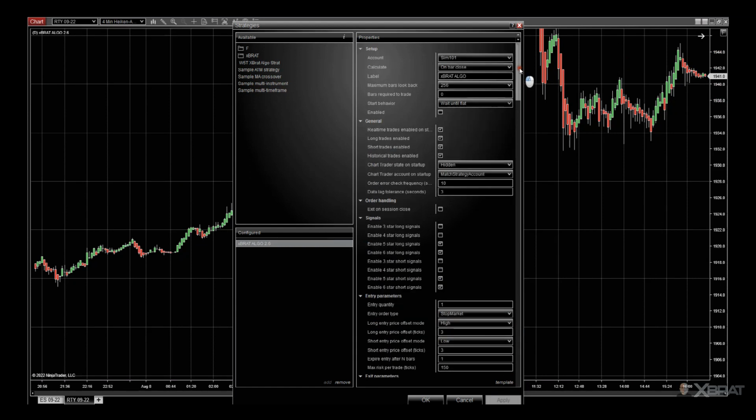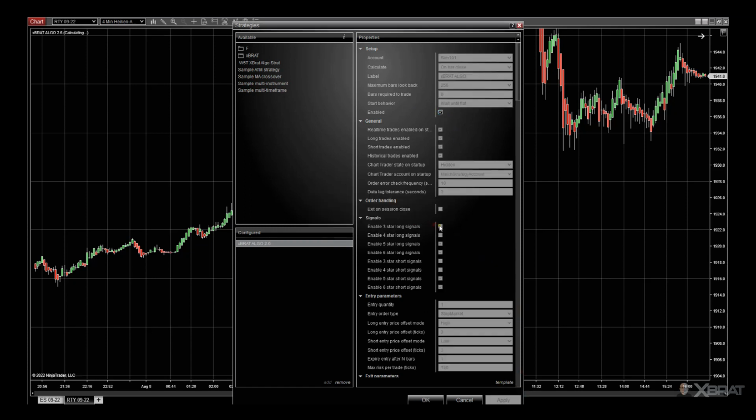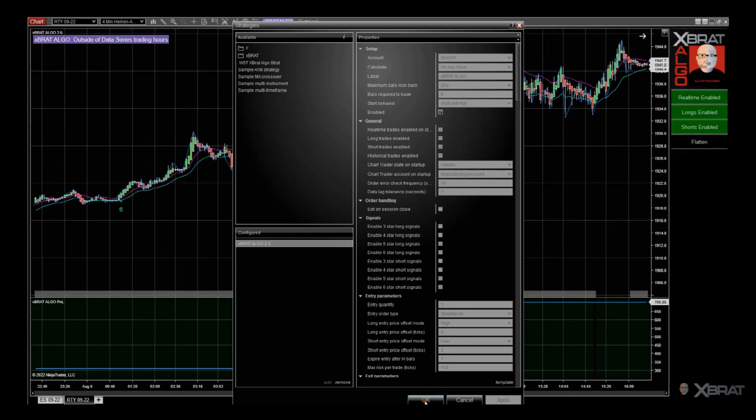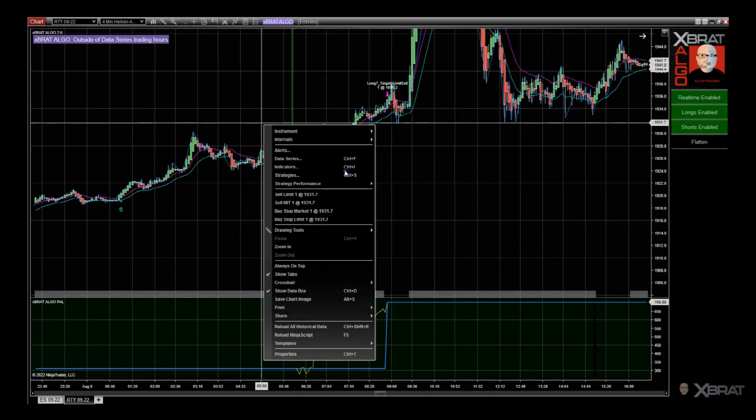This is very aggressive, and this is something you may want to consider with the xBratAlgo: if that momentum is going to continue, it needs to continue immediately, not in 15 or 10 candles' time after a pullback. We want it to go immediately. So this is just another option. In some instances it might not make a lot of difference, but that trade's still there.